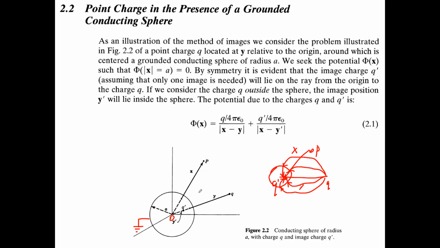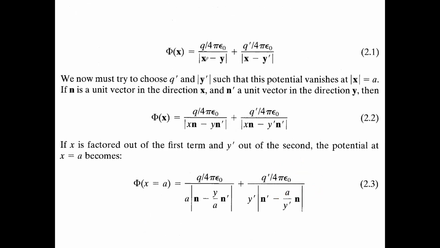At the surface the phi should be 0, which means when x equals a, the phi should be 0. X equals a means on the surface of the sphere, right? Now let's substitute x to be a here. When x equals a, you get a minus y and a minus y prime.